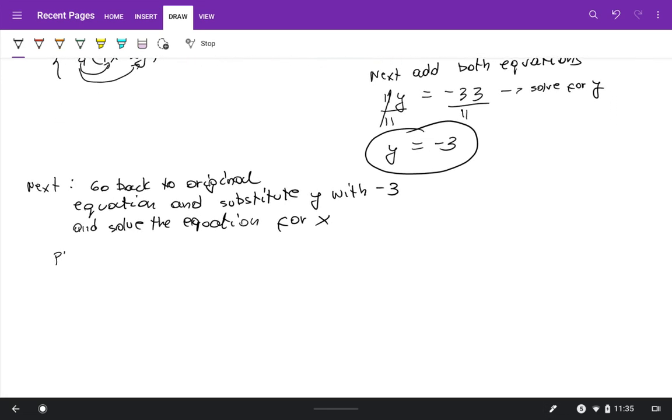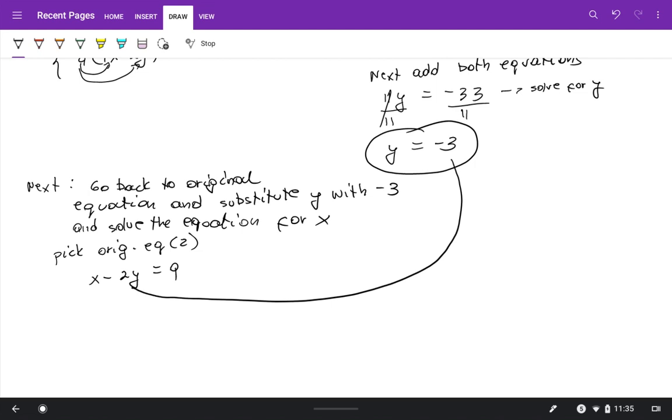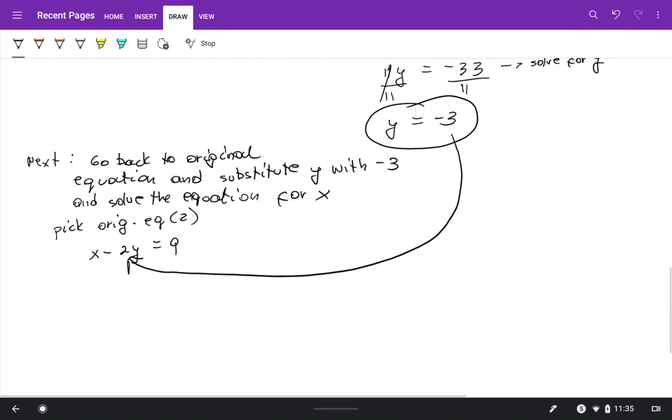So pick original equation 2. Original equation 2 is x minus 2y equal 9. And again, where we used to have y, we plug in a -3. So we have x minus 2 times -3 equal 9. x plus 6 equal 9.